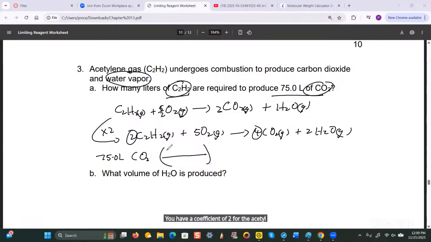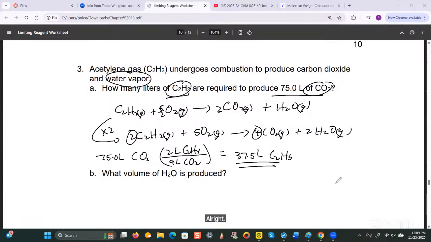So here I'm going to put 2 liters of acetylene, and down here I'm going to put 4 liters of carbon dioxide, and then we do the calculation. So that would be 75 times 2 divided by 4. So according to my calculation, this works out to be 37.5 liters of C2H2, and that's basically how that is done, all right?